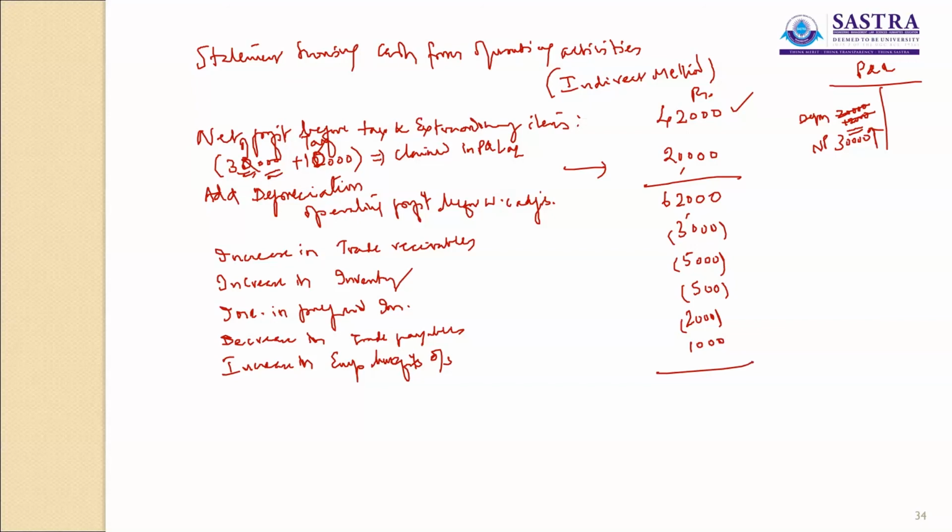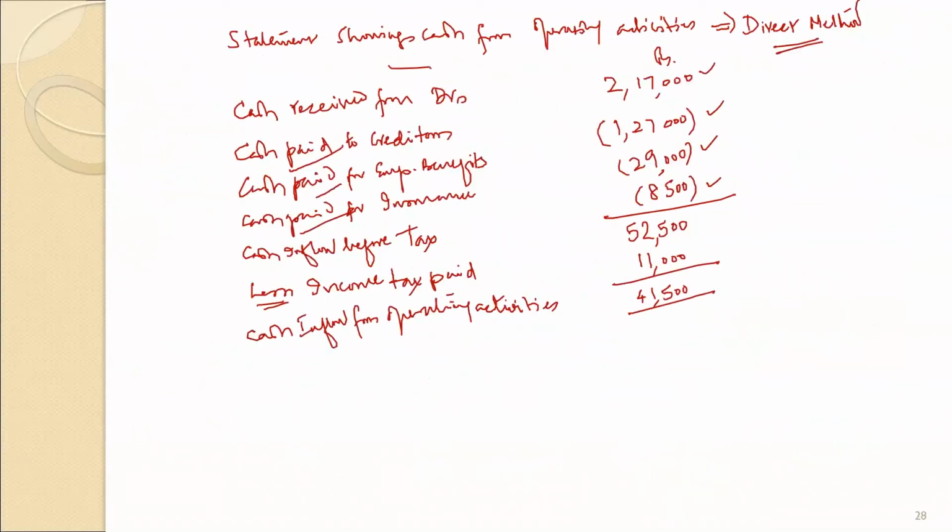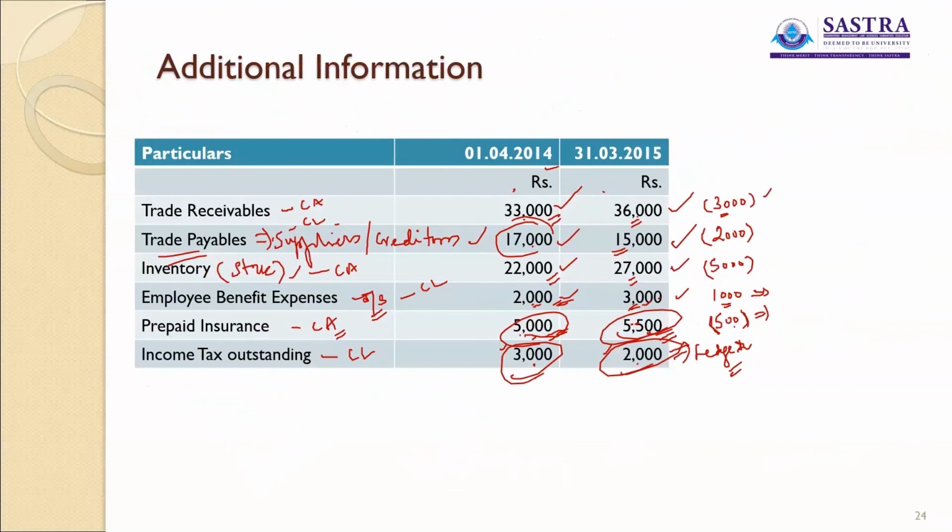So we have given effect to all the items except tax. Trade receivables, inventory, you just look at the question over there. Trade receivables, trade payables, inventory, employee benefits outstanding, and prepaid.